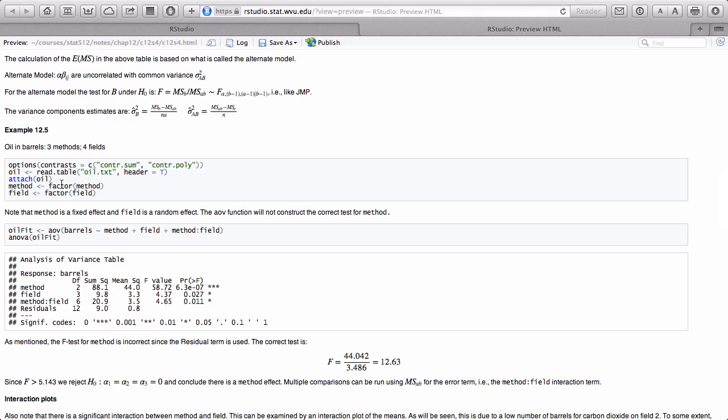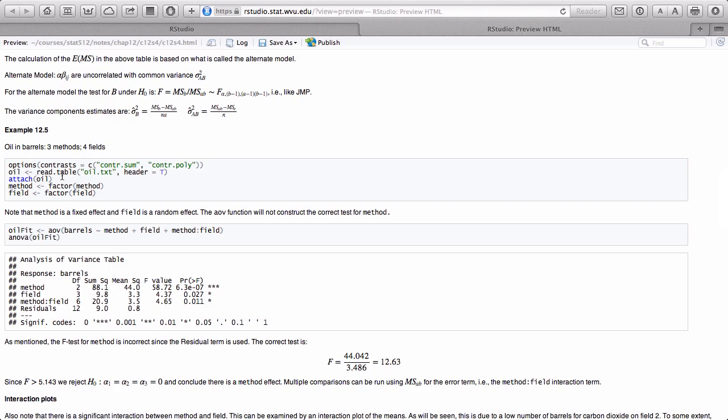Are the methods fixed or random? They're probably fixed. You have 3 methods. But fields, on the other hand, you can have a lot of oil fields, so you're going to select 4 at random. So fields is probably random and method is fixed. Is it clear from the context of the problem why that would be the case? Now, it could be that you're just interested in those 4 fields. It could be, but not likely.